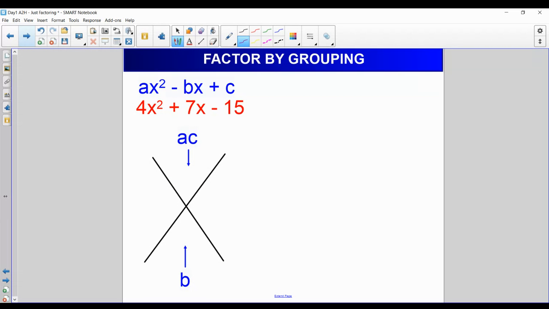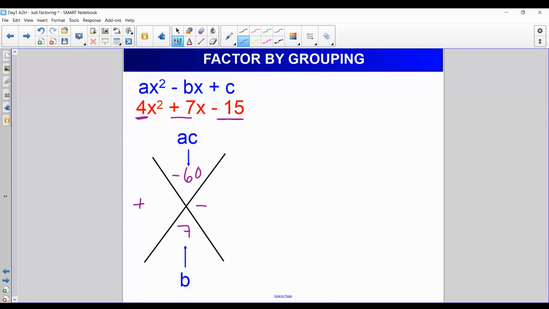Okay, so now remember, I want to take the leading coefficient times the constant term. That's what goes on top. I'm going to take this middle term and put it on the bottom. So I'm looking for 2 numbers that multiply to be negative 60. So I know one of them has to be positive, one of them has to be negative.